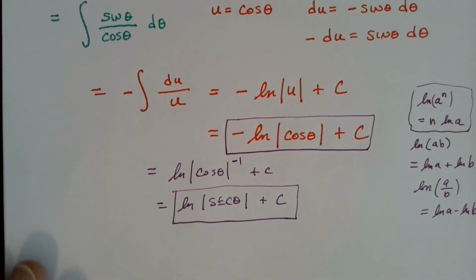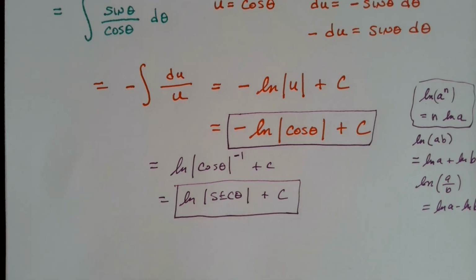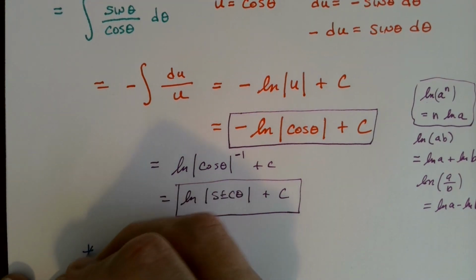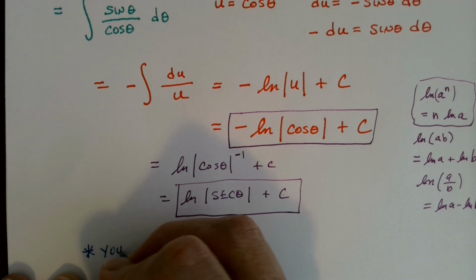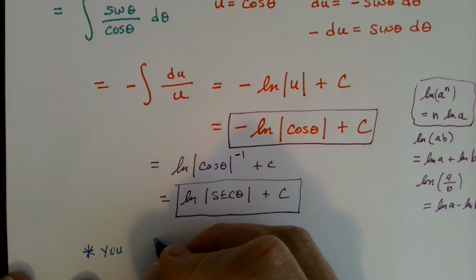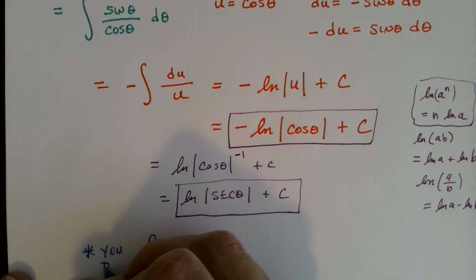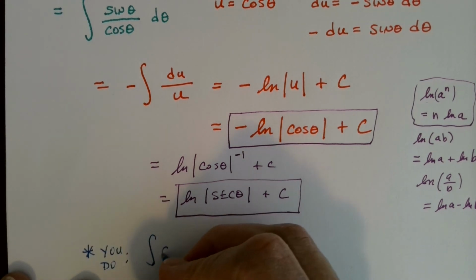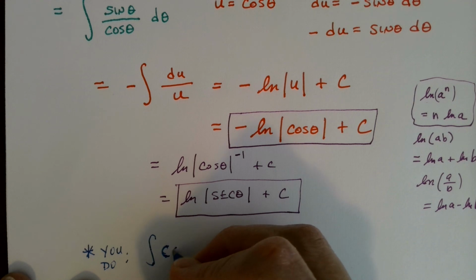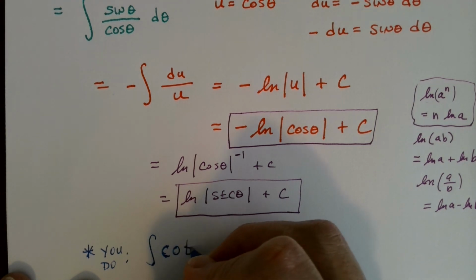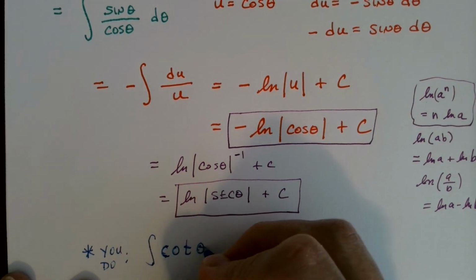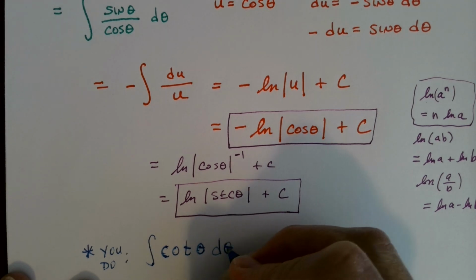Okay, so what I'd like for you to do is find the antiderivative of cotangent theta d theta.